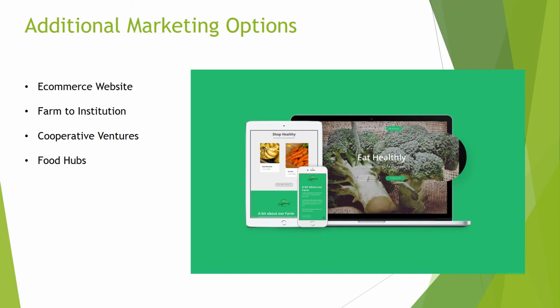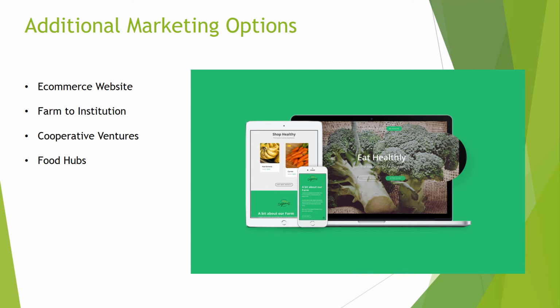And we also have cooperative ventures. This is where a group of farms can get together and work cooperatively, either for marketing purposes, perhaps sharing land, sharing tools and items.